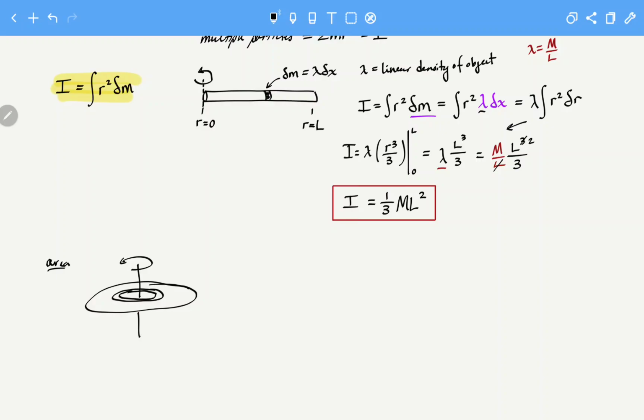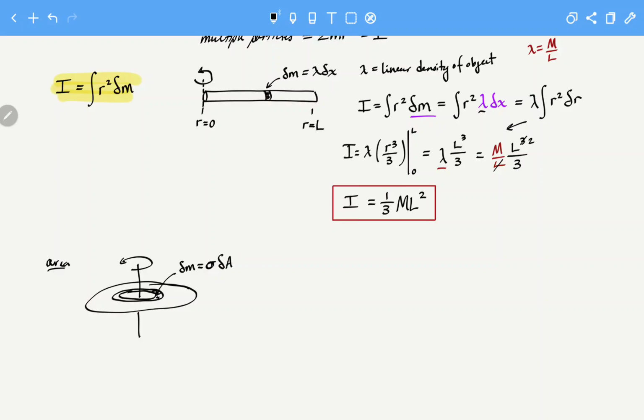Here, our dm, how our mass is changing, is these tiny little chunks, except that is equal to another density. This is a sigma, the symbol they use if it's an area-based density. And instead of dx, because it's a linear thing, now it's changing with respect to area.